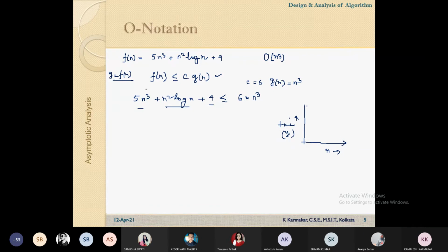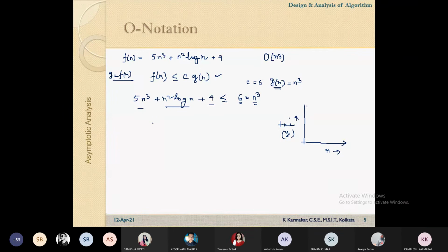So that's why this is the part of this function. In this function, this part has maximum growth. So if this part has maximum growth in this function, then we'll try to calculate this g(n) in such a way that it is being satisfied.